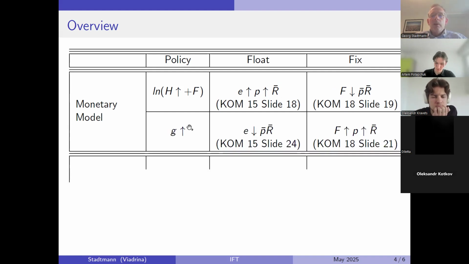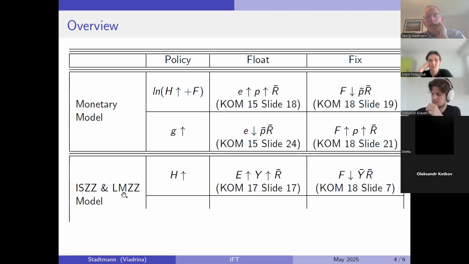Then the other policy, government spending: the government is increasing government spending. Chapter 15, we have a reaction of the nominal exchange rate, and nothing happens to P and R. And in the fixed exchange rate setting, as in one of the last slides, we learned that the domestic goods prices are up, the reserve component is up because the central bank has to intervene in a fixed exchange rate system.